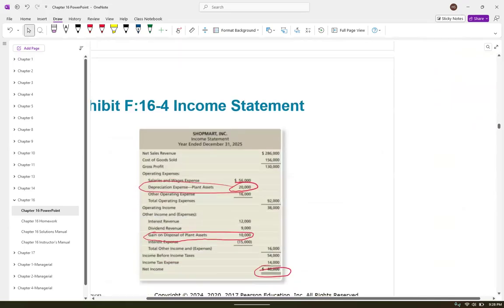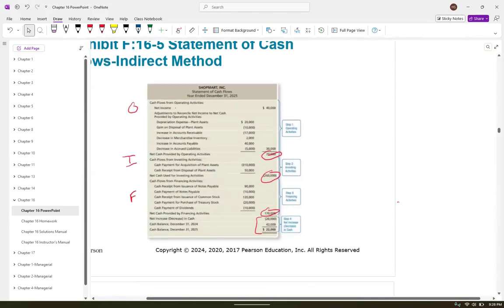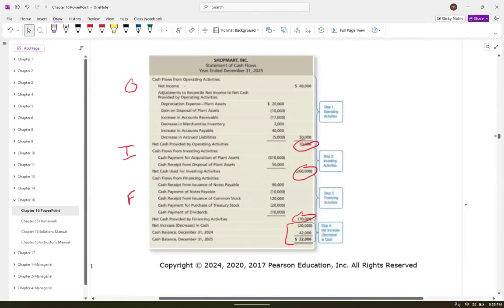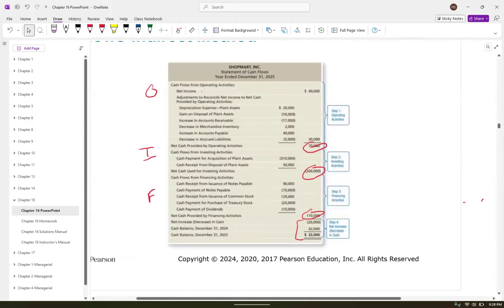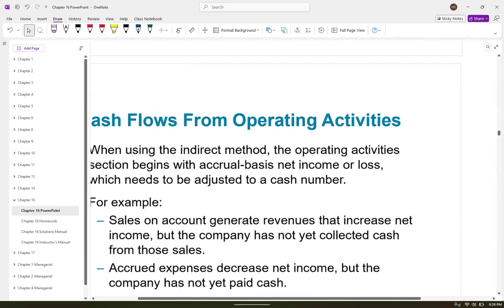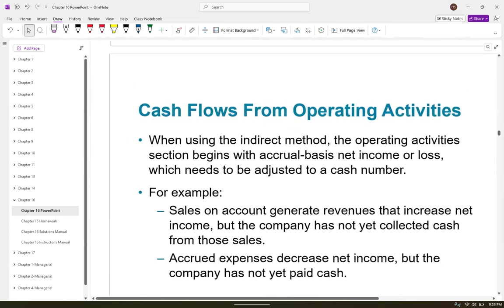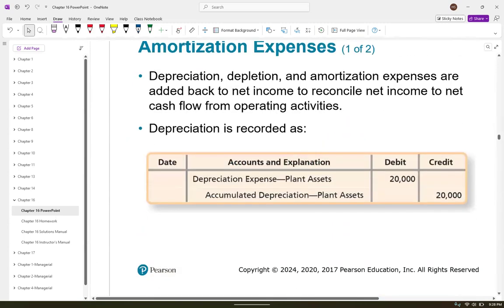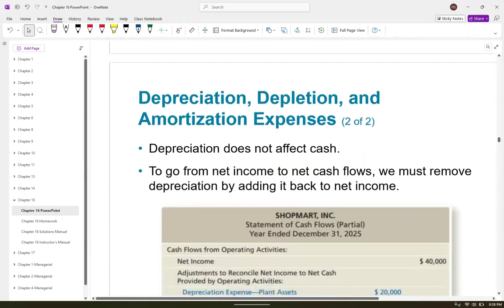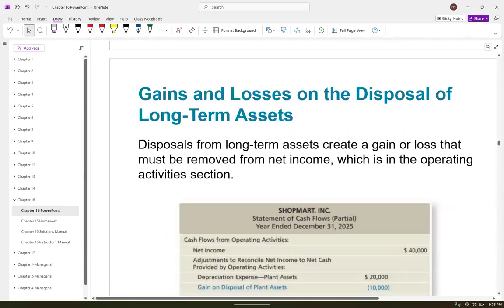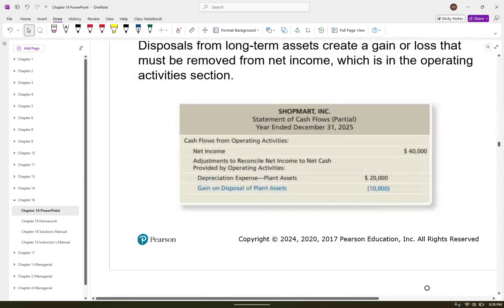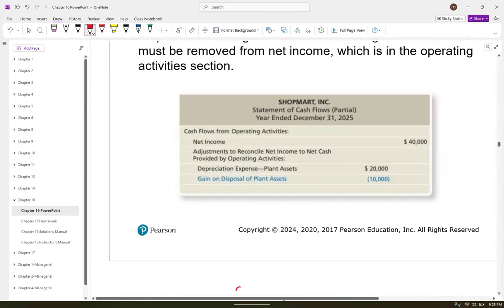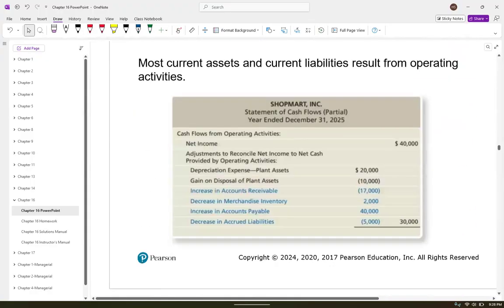I'm guessing there's probably some information in the book that they would have given us on that. So there's our depreciation. We add that. And we're going to add the gain on disposal, but they didn't give us any other information.